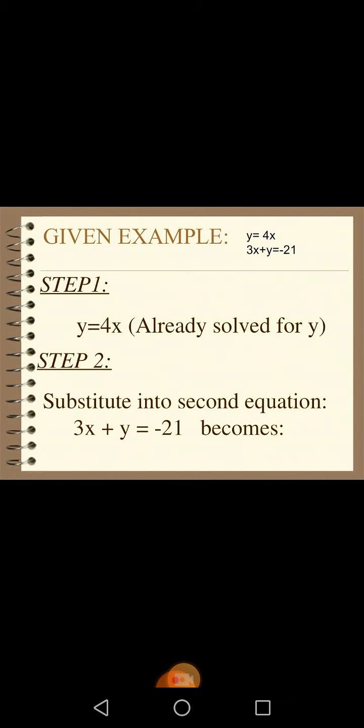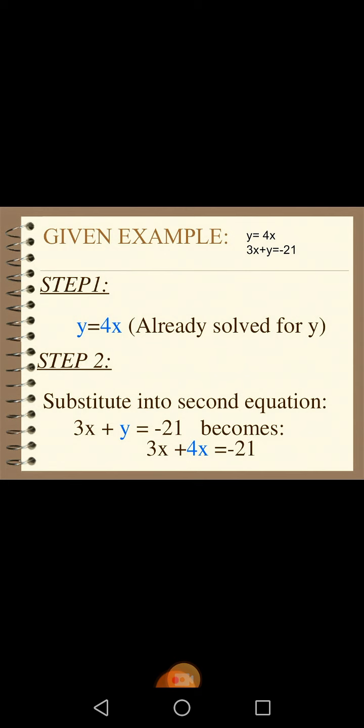Look at the second slide here, at step 2. 3x plus y equals negative 21. 3x plus, I remove y and put 4x instead of y from step 1, equals negative 21.